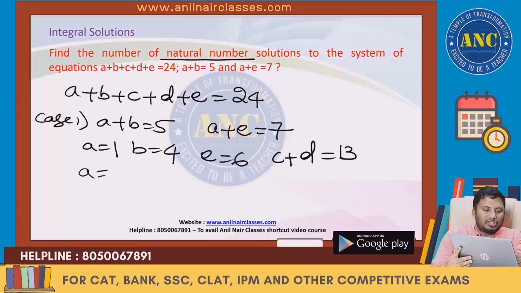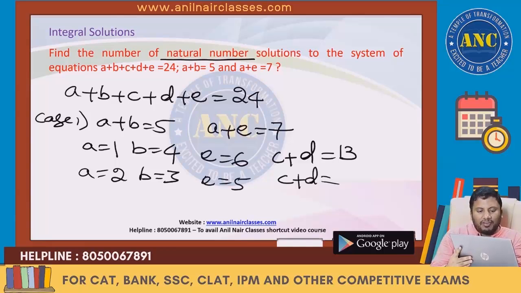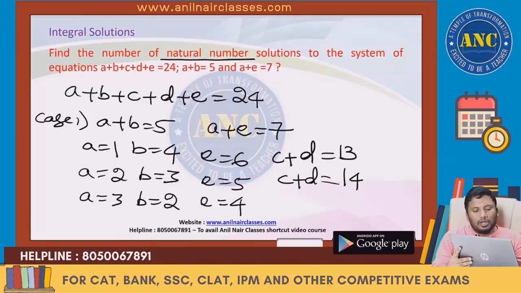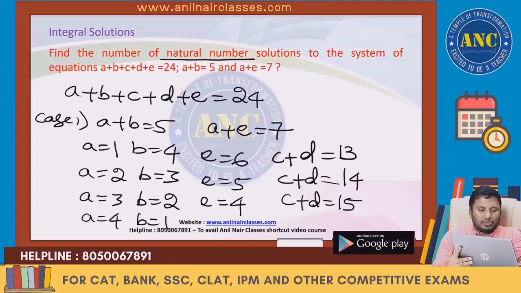If a is 2, b will become 3, e will become 5. C plus d will become 5 plus 5, 10, which will become 14. If a is 3, b will become 2, e will become 4. 5 plus 4, 9. 9 means it is 15. If a is 4, b is 1, e is 3, 7, 8, it will become 16.